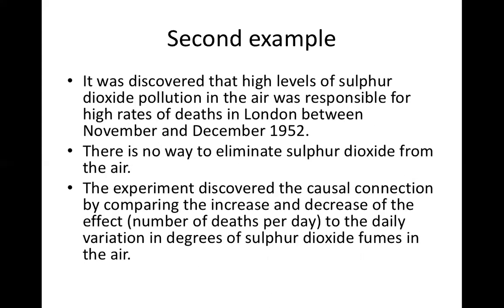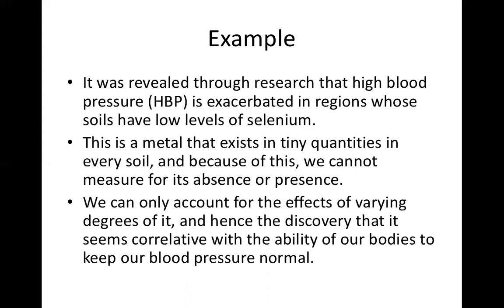Second example, it was discovered that high levels of sulfur dioxide. Sorry, let me go back to the first example. If you want to find out whether the high blood pressure in a place has anything to do with the selenium in that place, you wouldn't be measuring for the presence or absence of selenium.